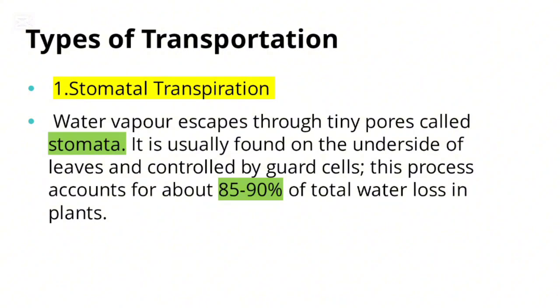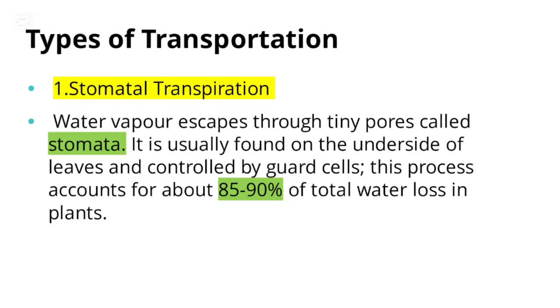In transpiration there are three types. The first one is stomatal transpiration. In stomatal transpiration, water vapor escapes through tiny pores called stomata.